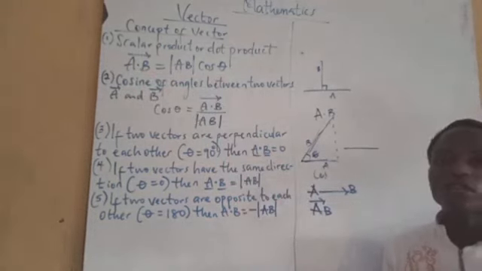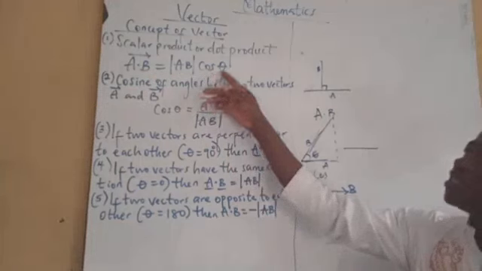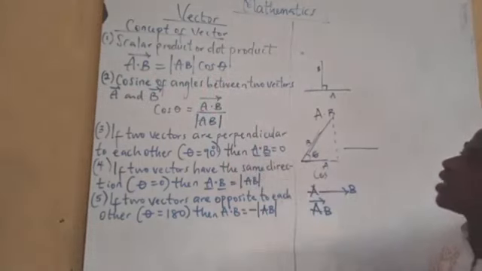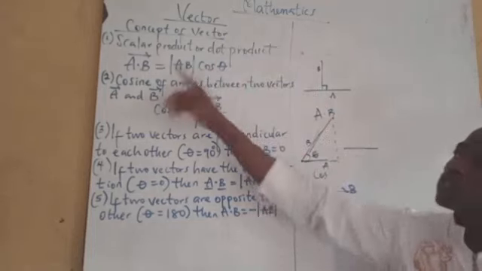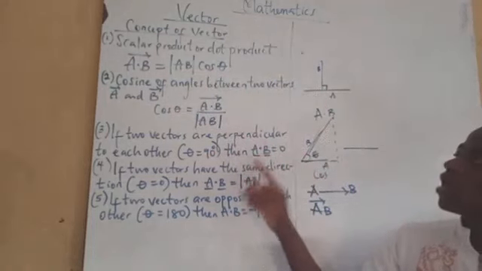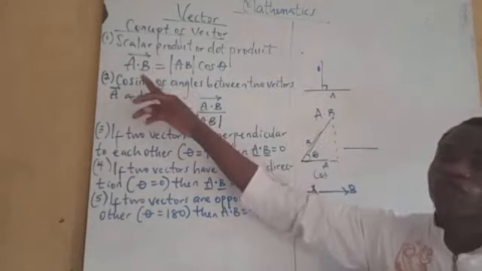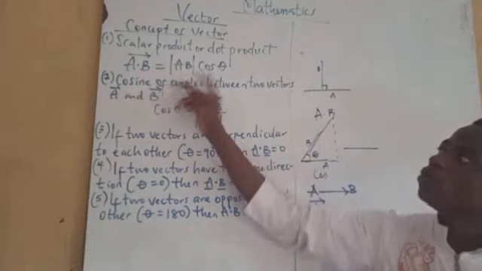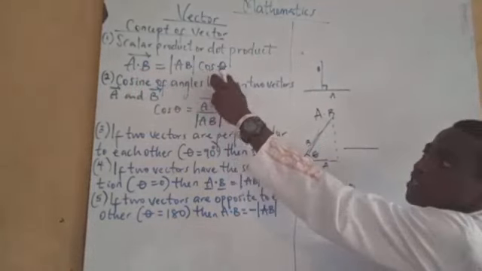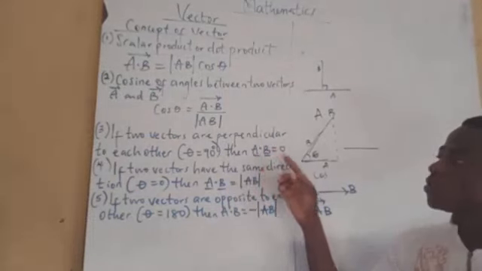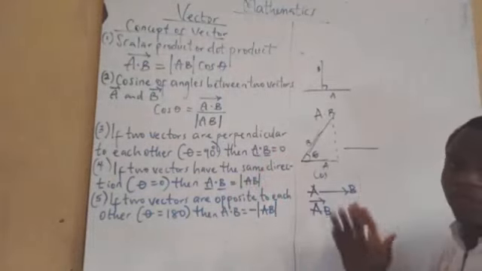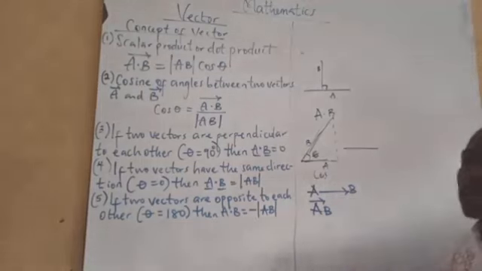Why will it give us 0? Since cos 90 is equals to 0. If we insert 90 as our theta into the first equation, our A dot B, or vector A to B, will be equals to 0, because cos 90 is 0, and 0 times everything here will give us 0. So A dot B equals 0. That's for perpendicular, or we say orthogonal.